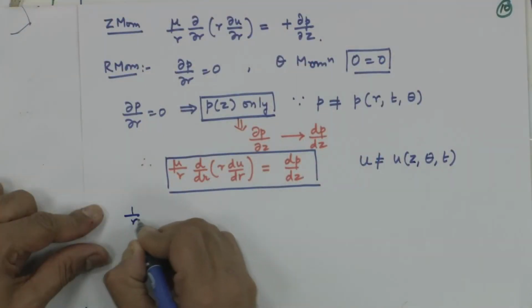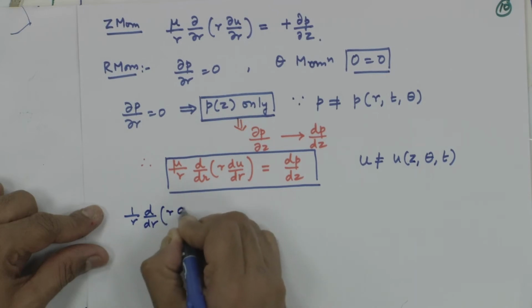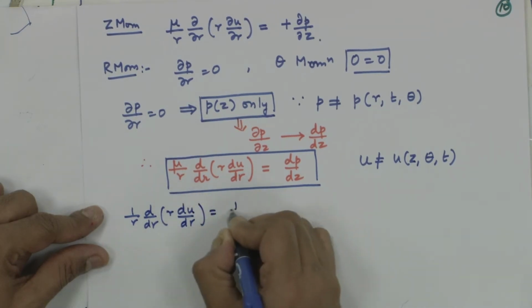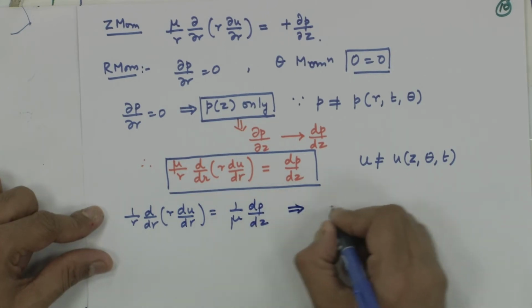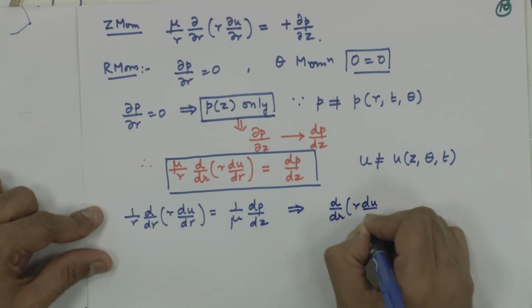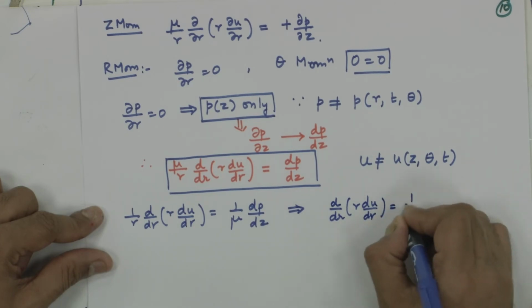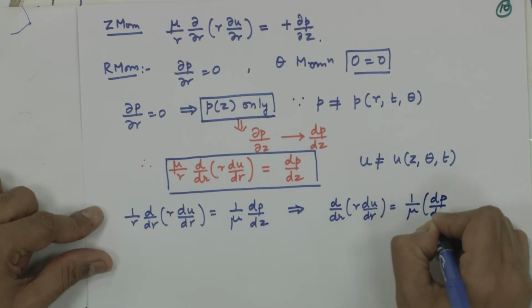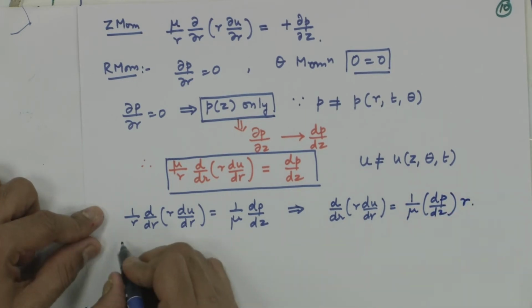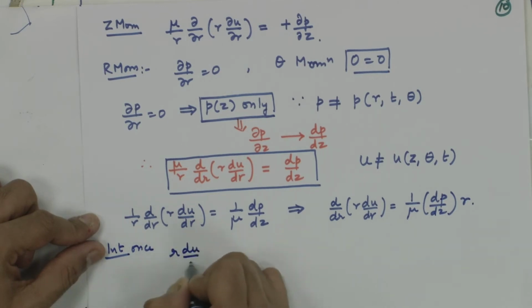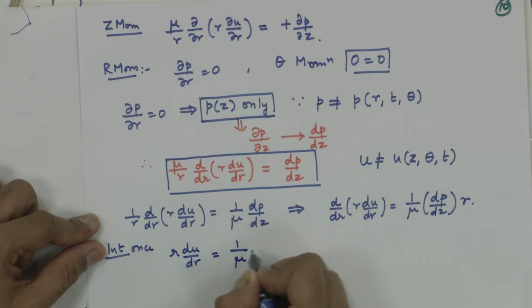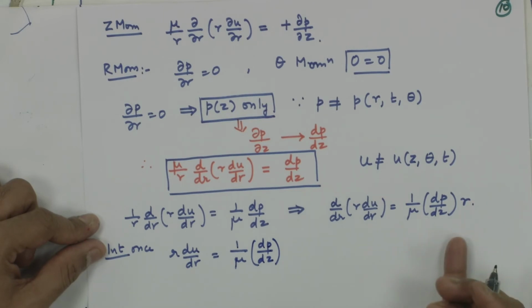So, 1 by r d by dr of r du by dr is equal to 1 by mu dp by dz, okay, which means d by dr of r du by dr is equal to 1 by mu dp by dz into r. So, first integration gives me r du by dr is equal to 1 by mu. Remember, dp by dz was told to be constant, it is not a function of r anyway.